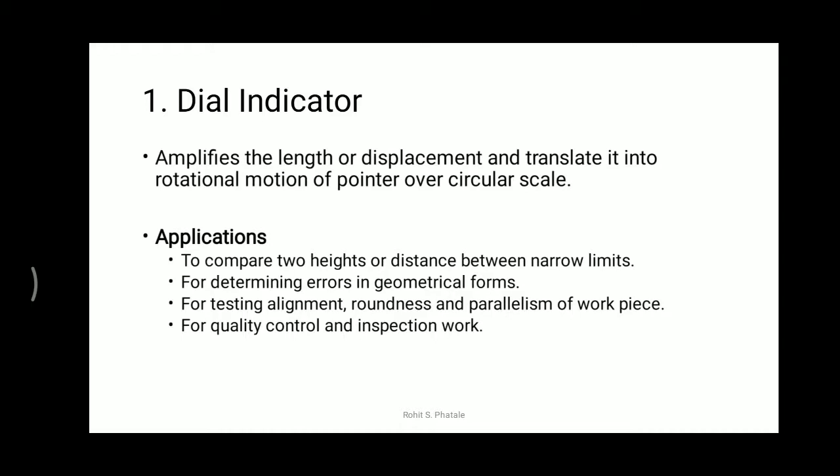Before that, what is a dial indicator? It amplifies the length or displacement. To amplify means it magnifies: it takes the input and gives an output that is much larger, so that the smaller input can be represented on the measuring scale with greater accuracy or with major displacement.